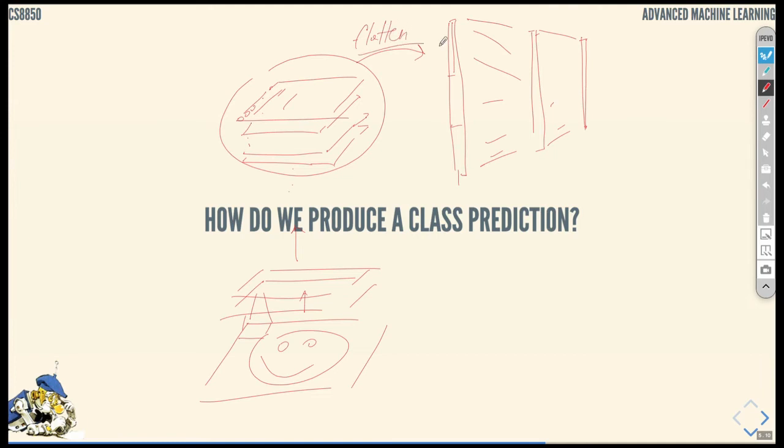Flatten and put into a feed-forward network and predict either face or emotion: neutral, sad, and angry.